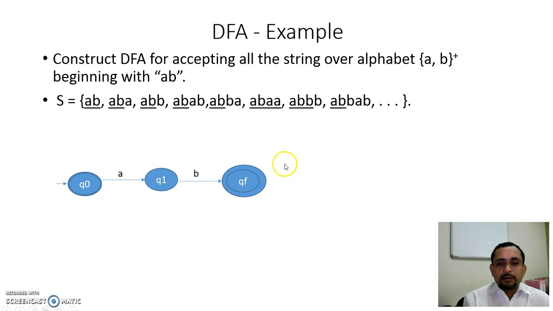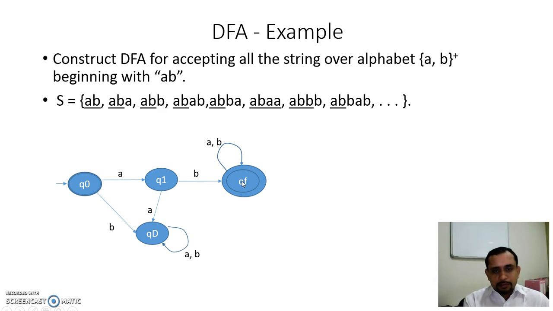Rest is, here it should be accepted. A comma B, that is, let the input be either A or B or epsilon, you must be at QF only. Here I use the word epsilon because if the input is epsilon, in that case the string is nothing but A followed by B only.